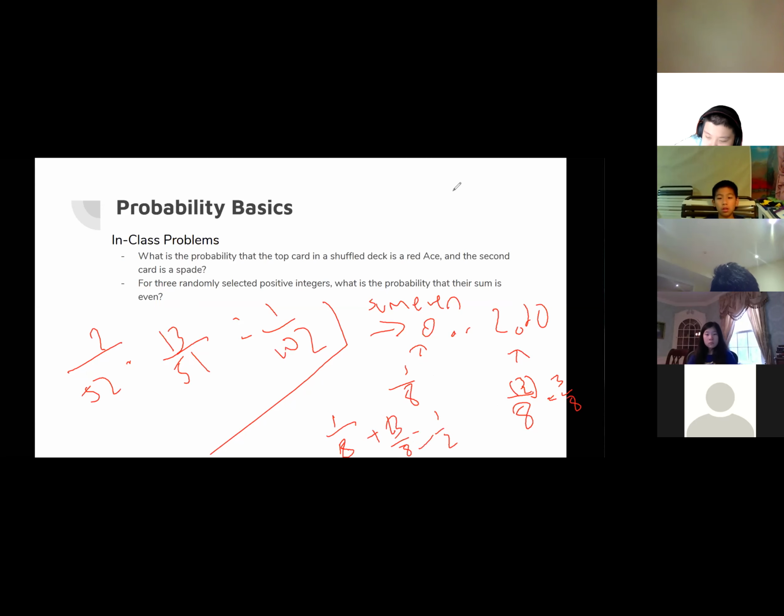I see that some people are using something divided by 9. Remember that even really just means divisible by 2.